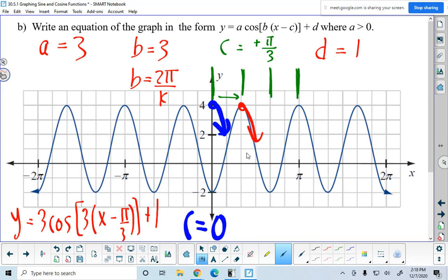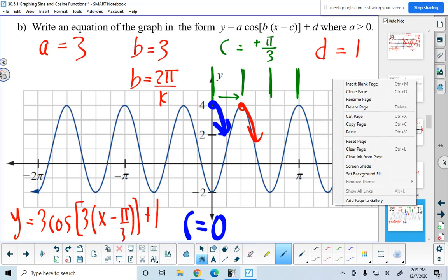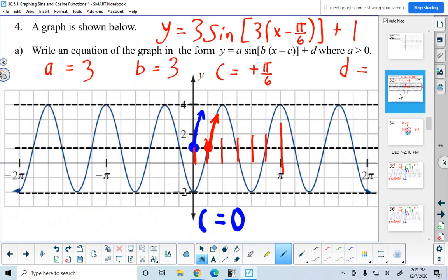Any questions with that last example? All right, I have a question for you then. I'm going to clone this page and imagine it's a different question. That way I don't lose the first page.